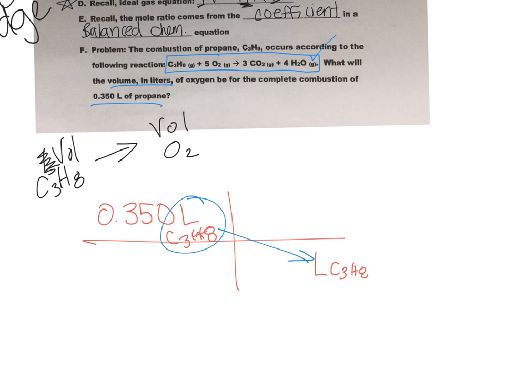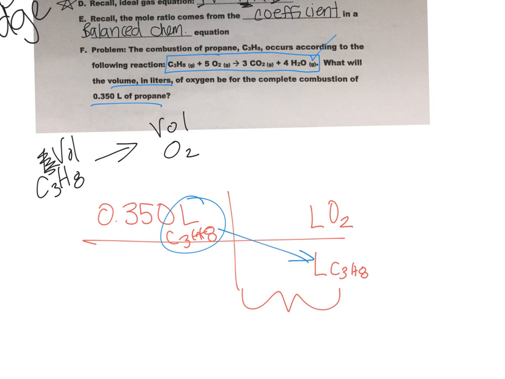Now, typically, back in the day, this would be when we would go moles on top, bring moles down, go back up, bring moles down, go to liters, okay? But what we know now is that we can use those coefficients for just a liter conversion. So we're going to make our bridge right here. And we're going to go straight into liters of O2 because I have a balanced equation.